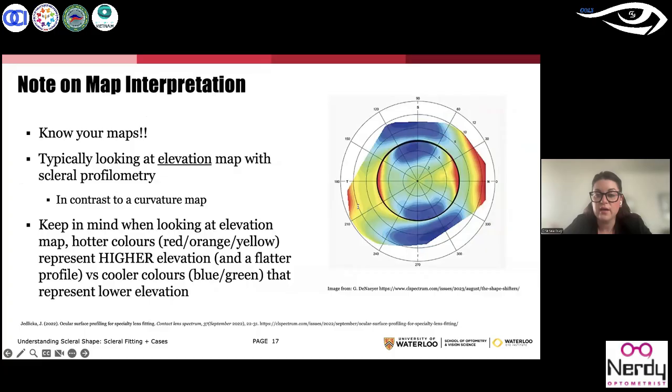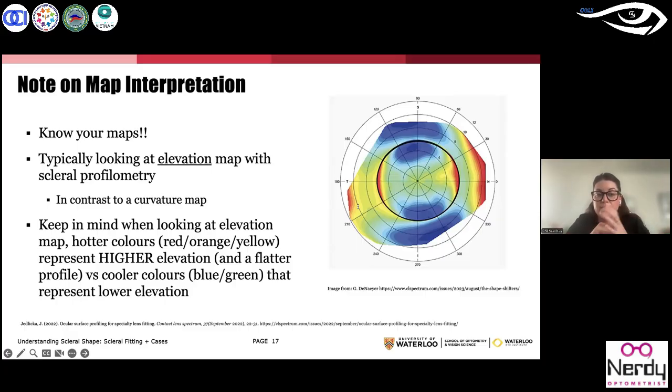So this is just a point to know what kind of map you're looking at. Typically, when we're looking at these default maps from scleral profilometry, it always defaults to an elevation map, which helps us with lens design. It's not defaulting to a curvature map like most corneal topographers would, like an axial curvature, which shows us about the corneal shape.